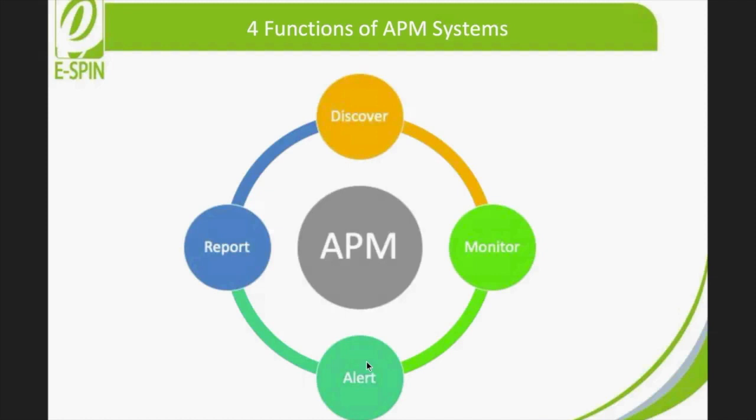In basic, we introduce you to APM. APM needs four key functions to allow you to run professional, systematic, proactive APM management. That includes discover, monitor, alert, and report, right?